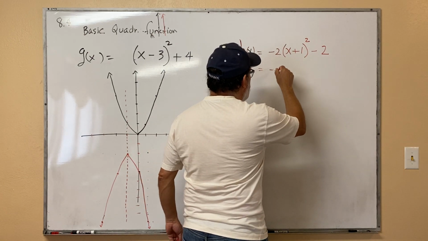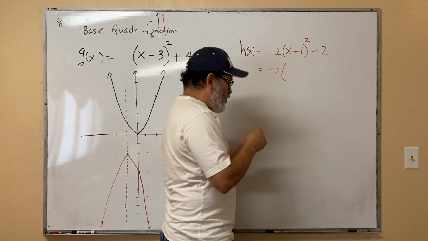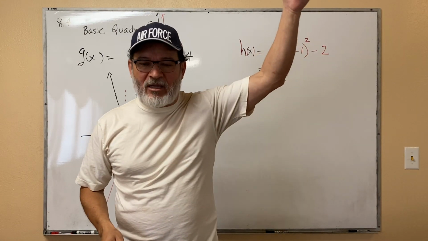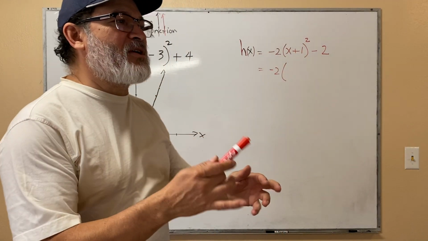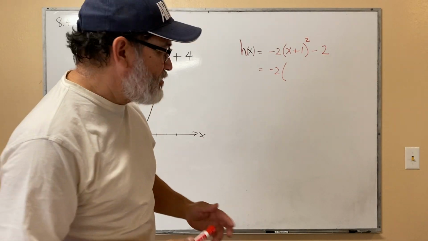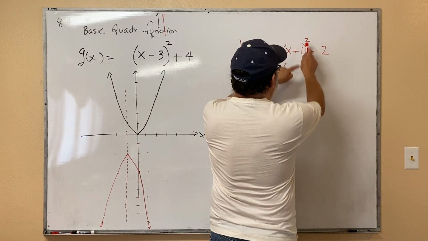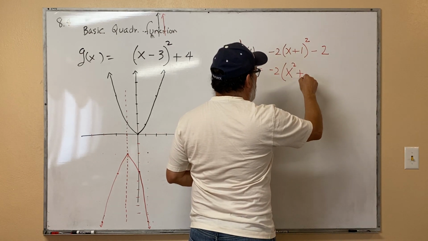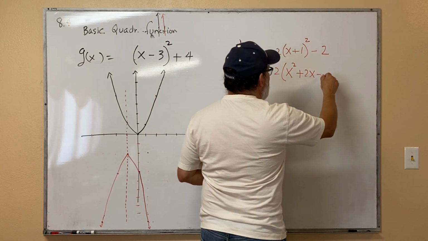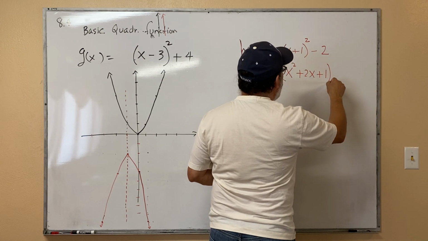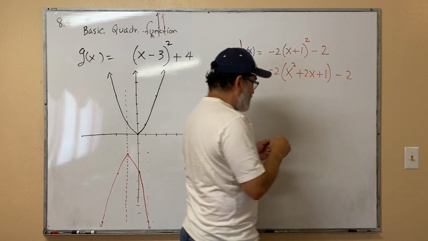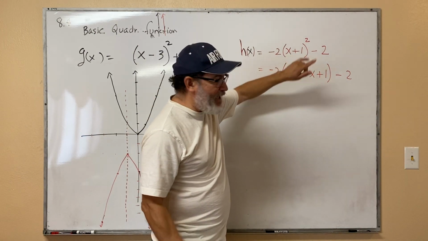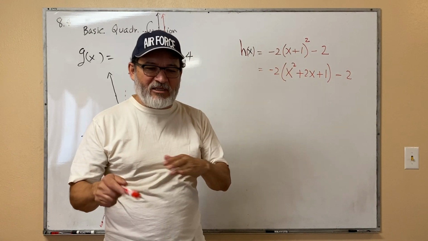You see this -2? Who knows what x plus 1 squared is? What's x plus 1 squared? This square is x squared plus 2x plus 1, minus 2. You take the time and you multiply x plus 1 times x plus 1.